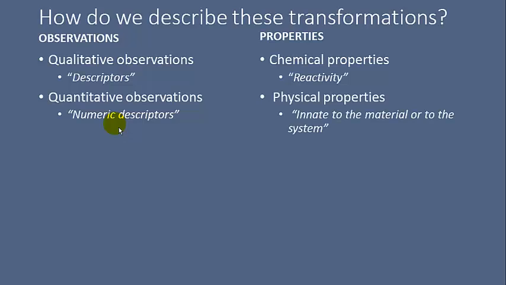Then we have physical properties. These are innate to the material or to the system. Physical properties, again, can be qualitative or quantitative. Melting point and boiling point are very classical examples of physical properties. So the boiling point of water is 100 degrees C. Water is colorless and has a very low viscosity.